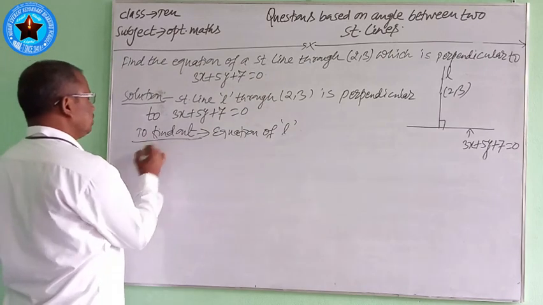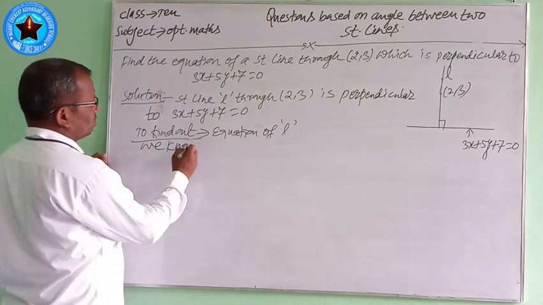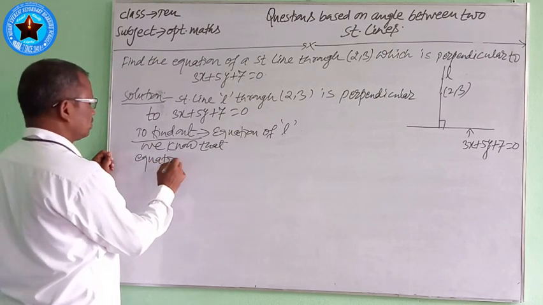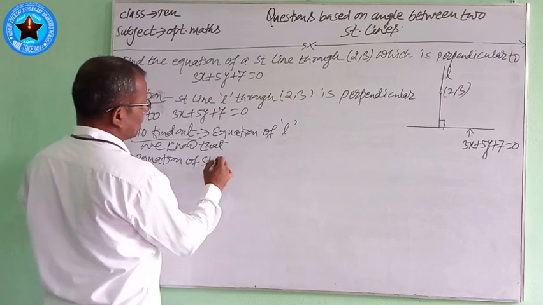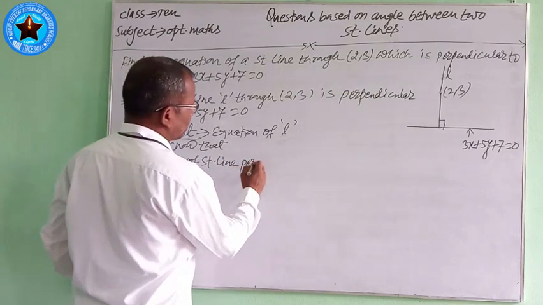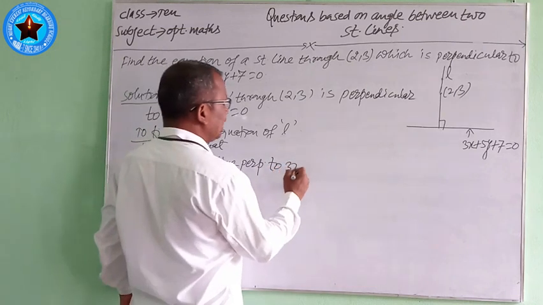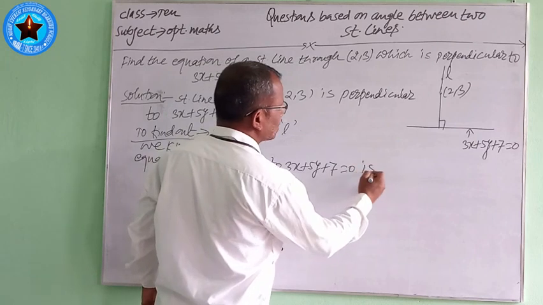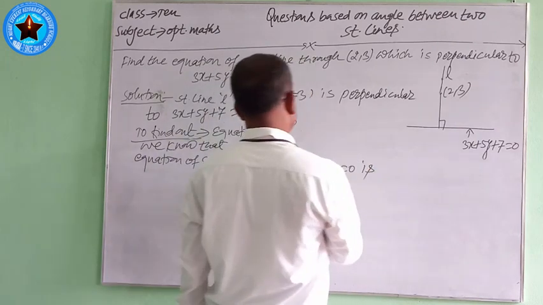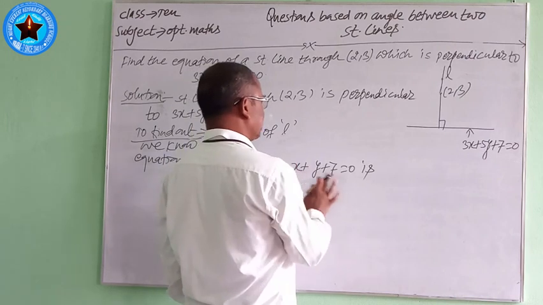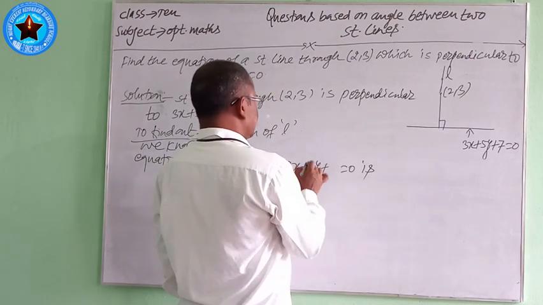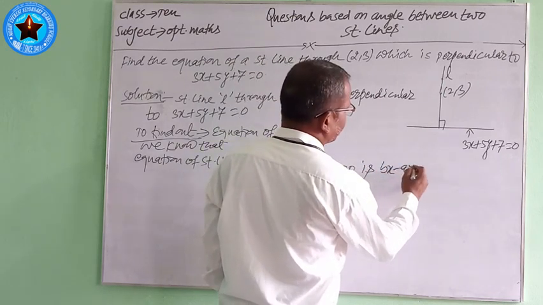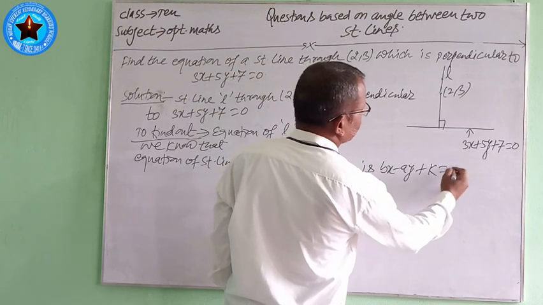Means here we know that the equation of a straight line perpendicular to ax plus by plus c equals 0 is bx minus ay plus k equals 0.